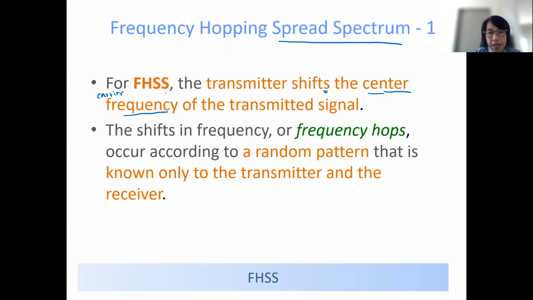By applying frequency hopping, the transmitter will shift the center frequency of our signal. Shifts mean jumping many times. The frequency shifts, or frequency hops, occur according to a random pattern that should be defined before transmission. This random pattern is known only to the transmitter and the receiver.